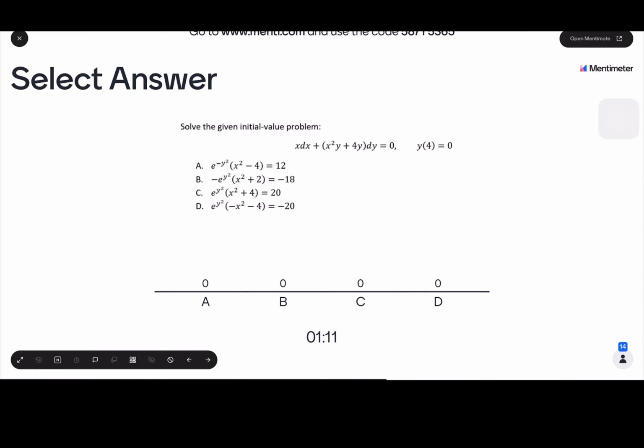Not exact. So you need to find the integrating factor from M and N. So find My and Nx, then subtract these two, and you can divide by M or N, and find which one is appropriate, and that will be your integrating factor.